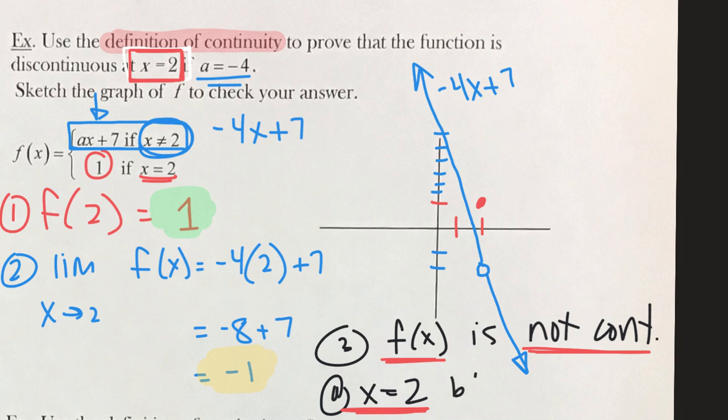Right? Because why? This is our step number 3. We write because f of 2 does not equal the limit as x approaches 2. That's the part of our 3-part definition that failed. The y value of positive 1 is not the same as the limit of negative 1. Okay?